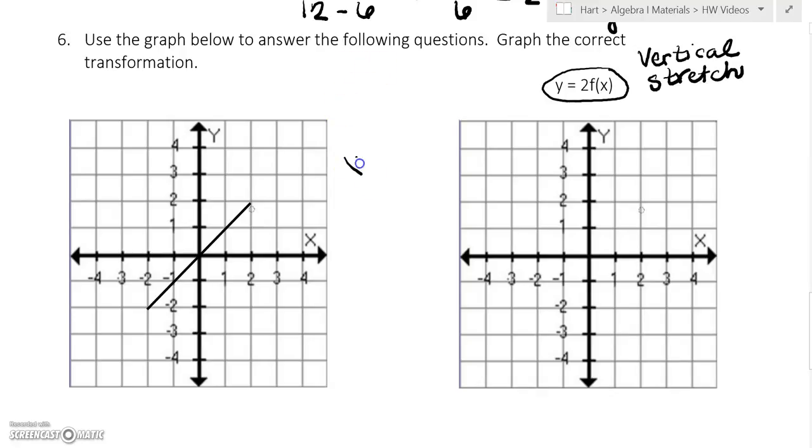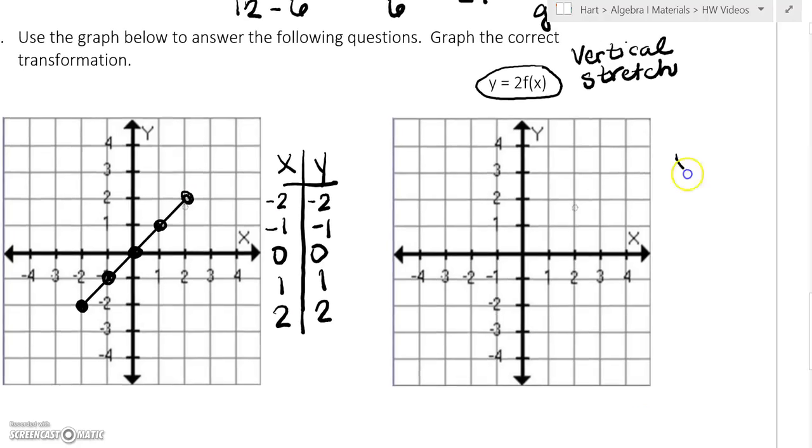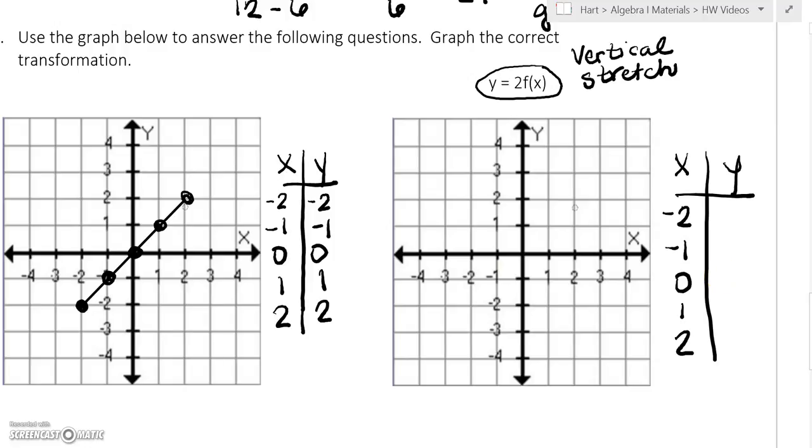So if we make a table for the original one, our table would have -2, -2, -1, -1, 0, 0, 1, 1, and 2, 2. So then our new table, since it's the y values that are changing, our x values would stay the same. And then the y values are going to get bigger.